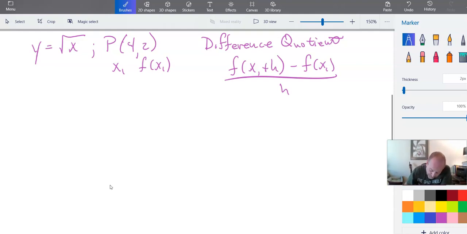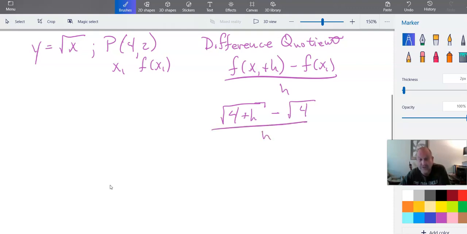Okay? So what we end up with is, I'll write it here, x is 4, the square root of 4 plus h minus the square root of 4 over h, right? And that is what we are trying to simplify.